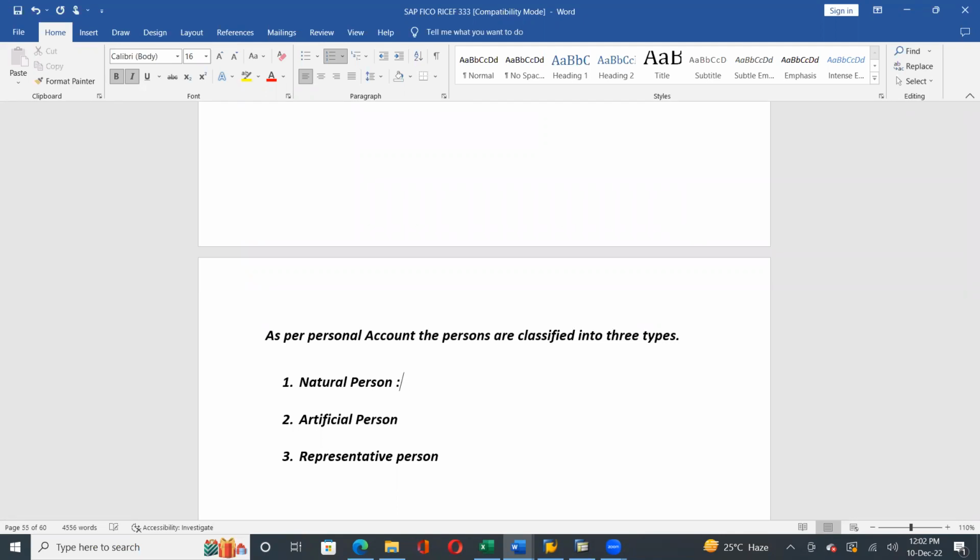Who is a natural person? As per accounting, natural persons are the persons who are natural and involved in economic activities.